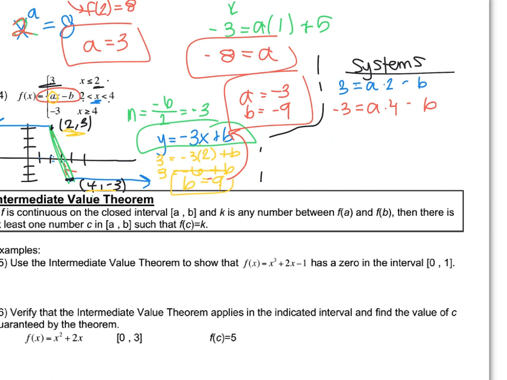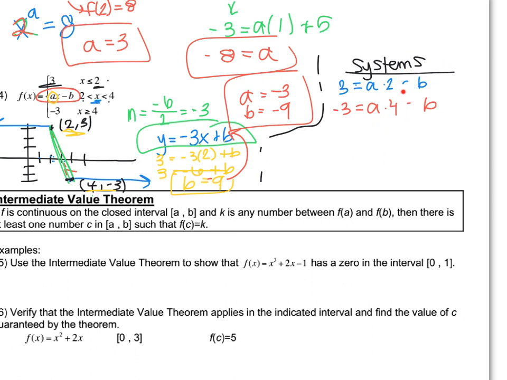So what we have here, if you remember doing systems of equations using the elimination method, which is what I would use here, the elimination method is to get it set up in a way that when you combine by adding all the terms straight down, one of the terms, either a or b, is eliminated.